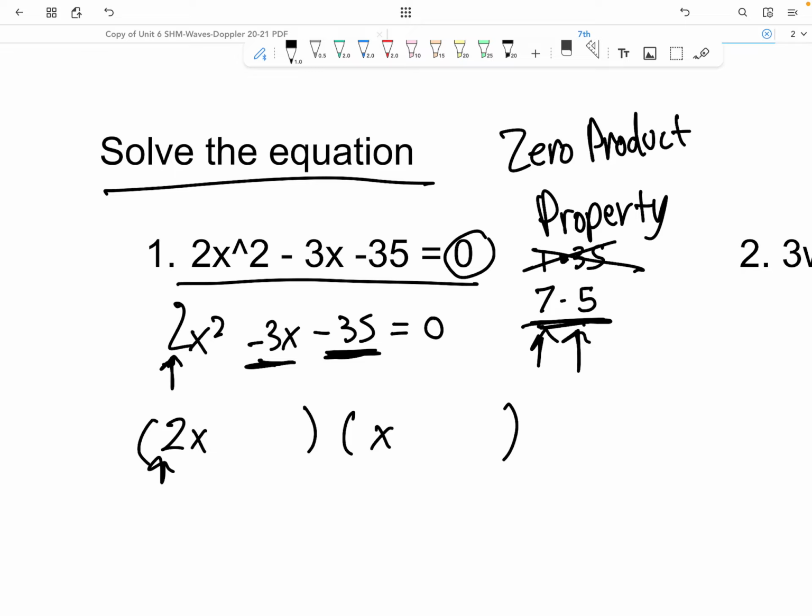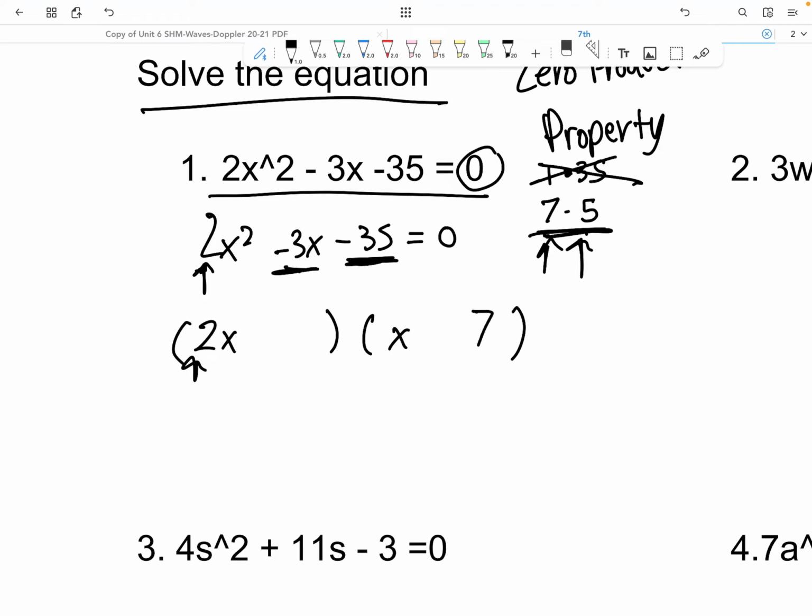So before we decide that, we've got to place our actual factors. If we put 7 here, that would give us 14x. And if we put 5 here, that would give us 5x. If you subtract it, you get 9x, nowhere close to negative 3x. If you add it, 19x, nowhere close to negative 3x. So we know that that placement is wrong.